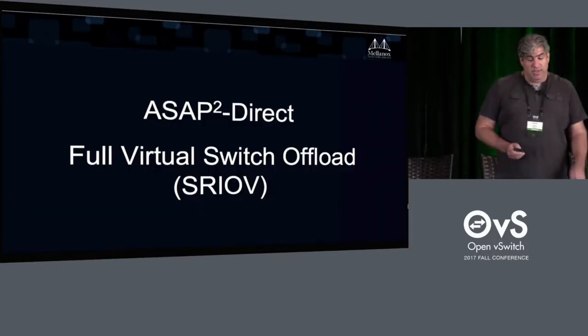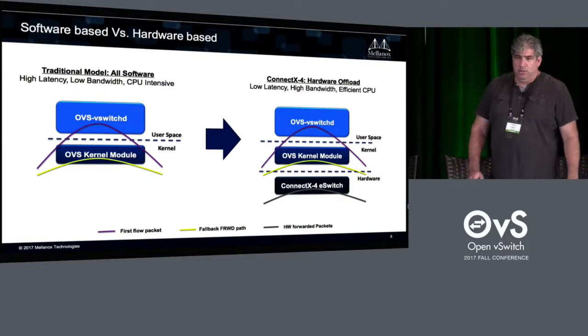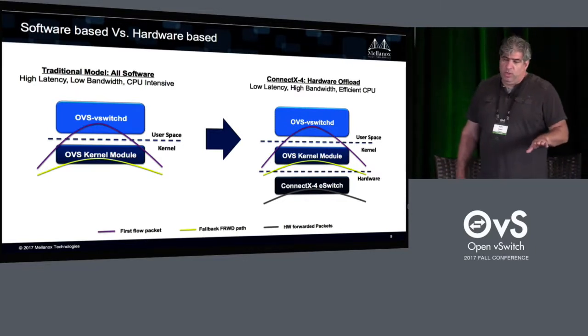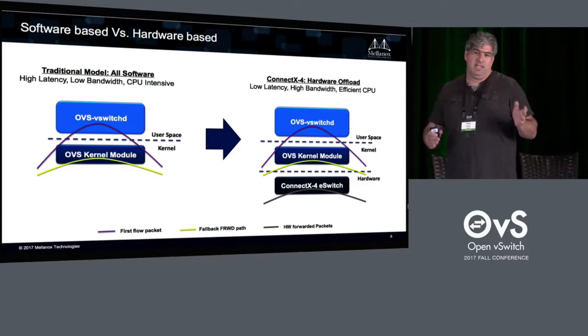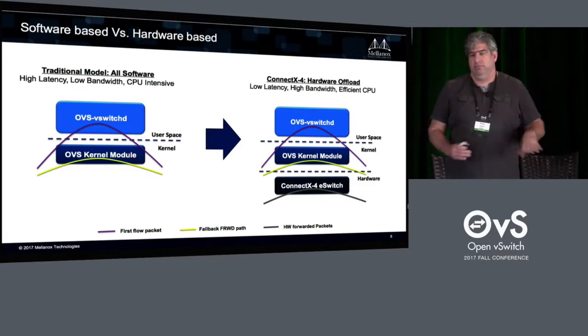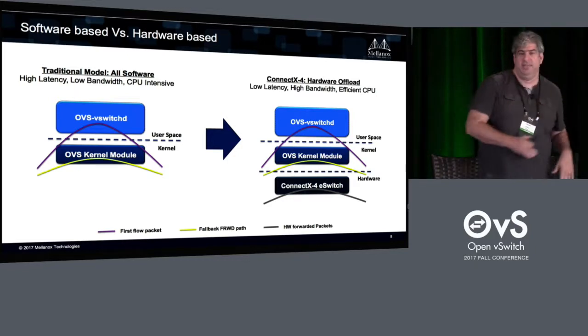So I will start with the direct. As I said, it's built on SR-IOV. We're talking about acceleration, so we don't try to take the OVS and run it on a different ARM kind of server that is inside the NIC.